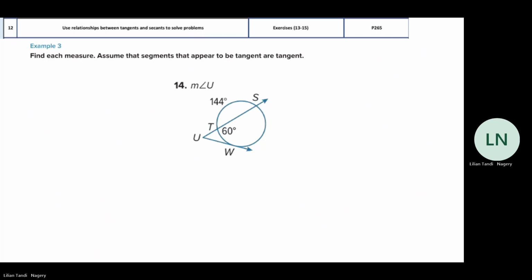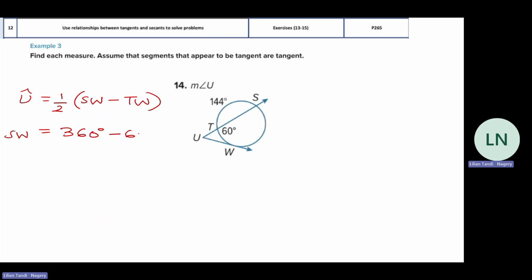So here we're going to say angle U is equal to half SW minus TW. Okay. And we also know that SW would be equal to 360 degrees minus 60 degrees minus 144.